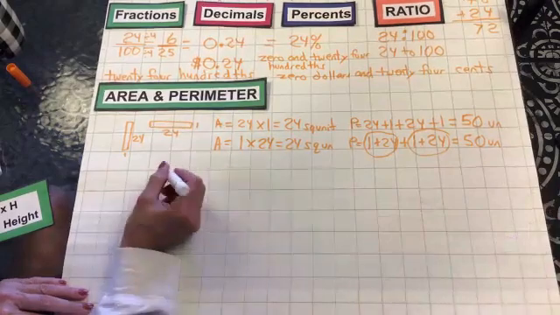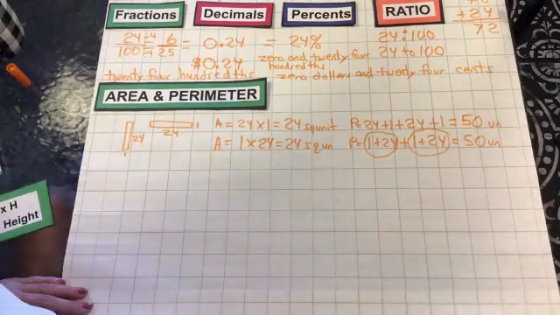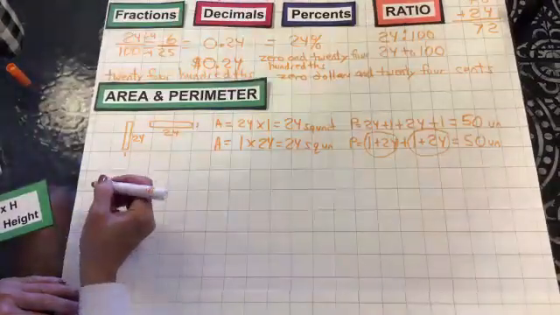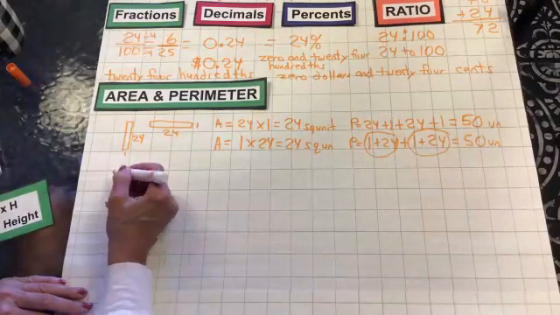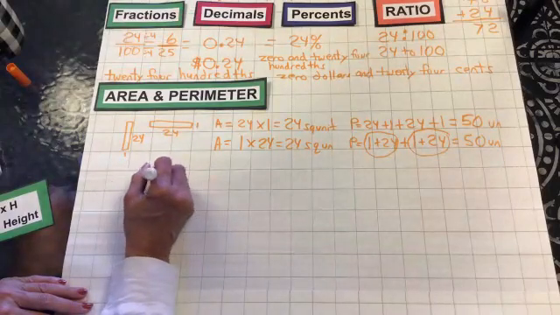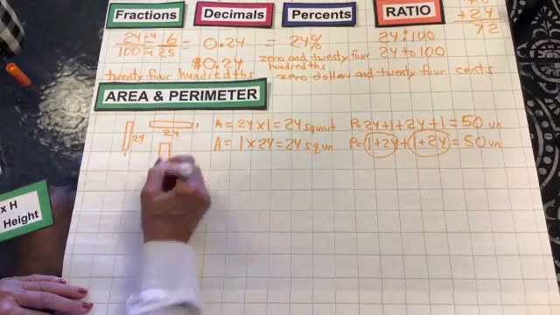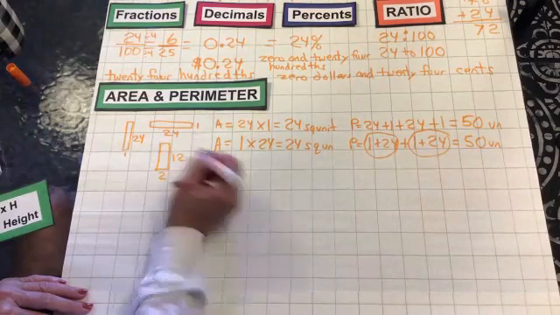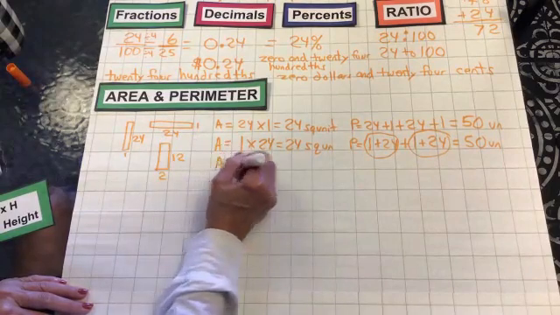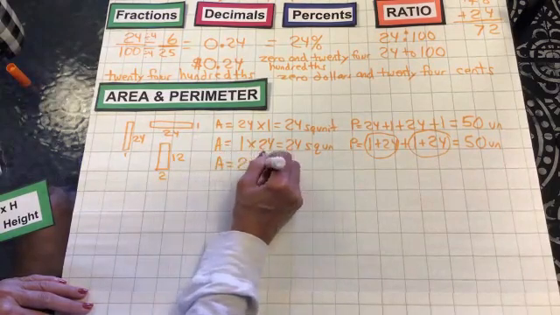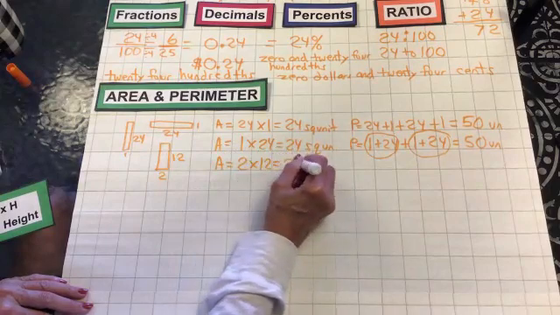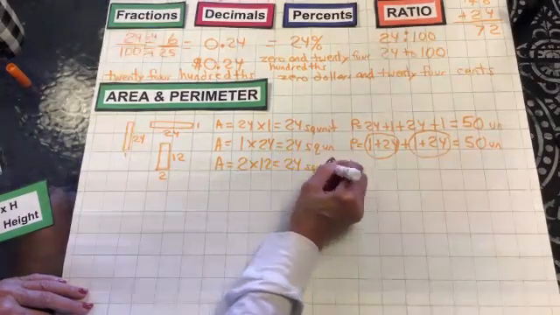Here we go. Let's go on to our next possibility, which would be 2 by 12. So let's do a 2 wide by 12. So we're going to say this is a 2 by 12. Area equals 2 times 12, which equals 24 square units.